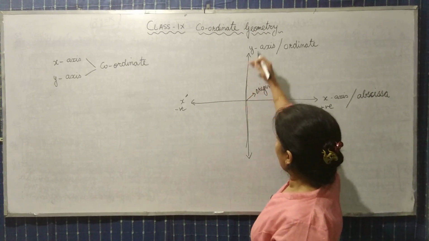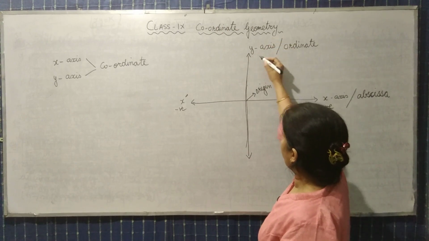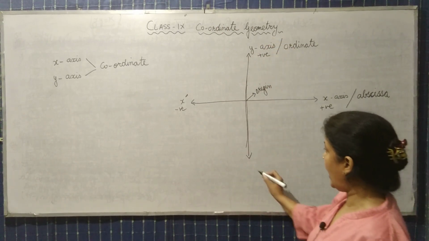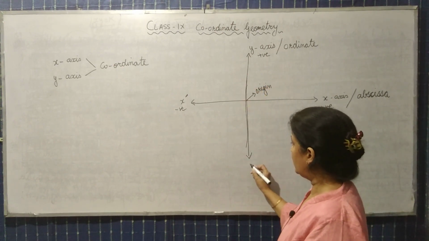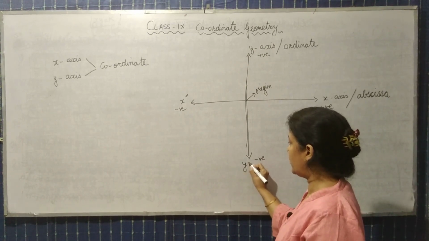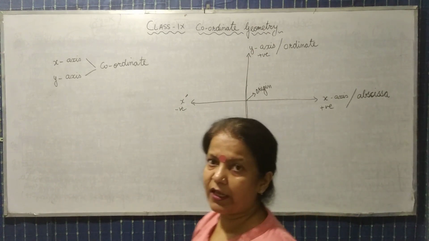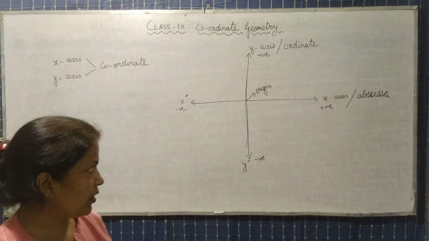Same way, the upper value of y-axis from the origin is always positive and the lower value from the origin is negative, and this is symbolized like y dash. Y dash and x dash mean negative value of the respective axis.